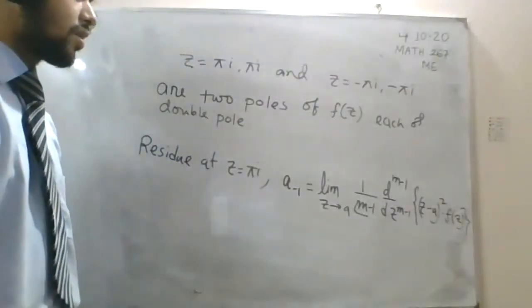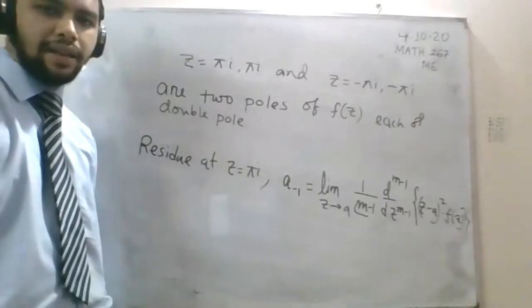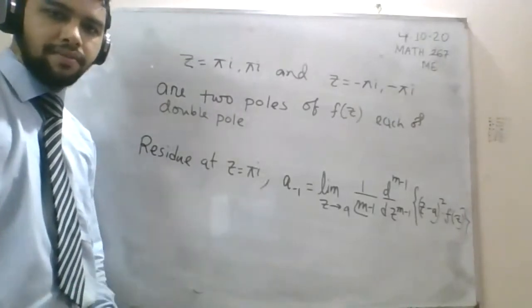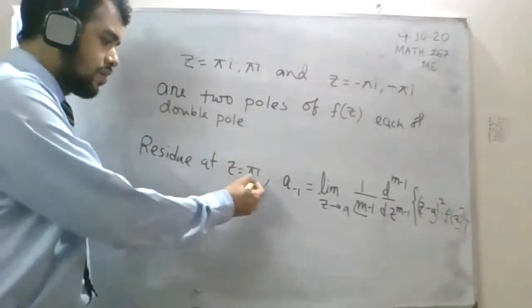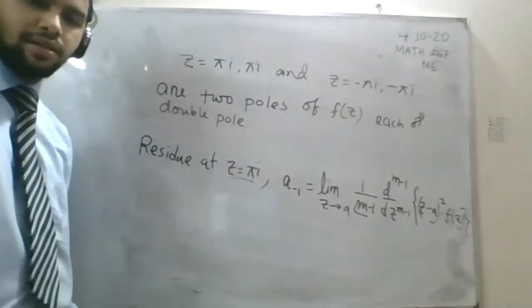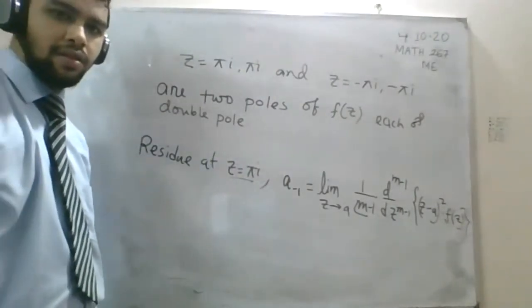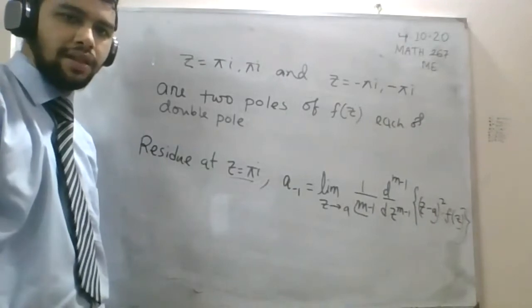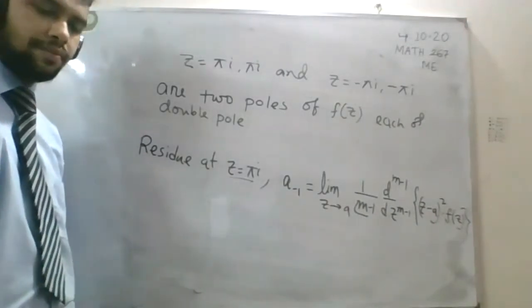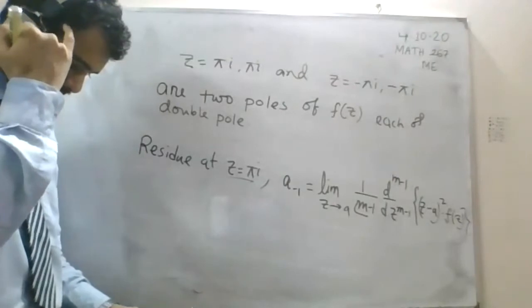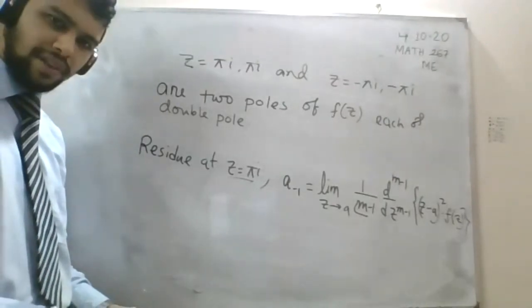So here, what is the value of a and m for z equals pi I? A is equal to pi I, yes, and m equals to what?